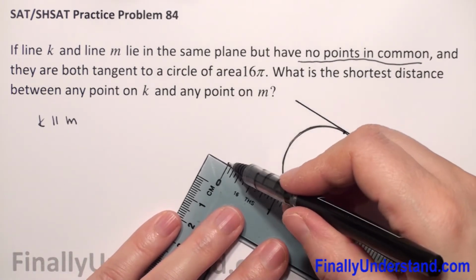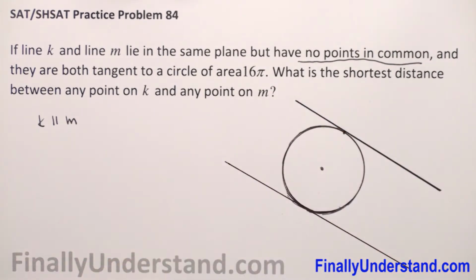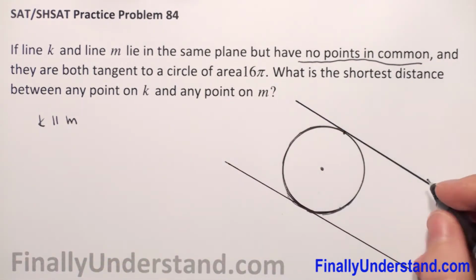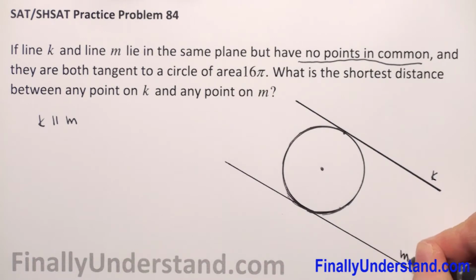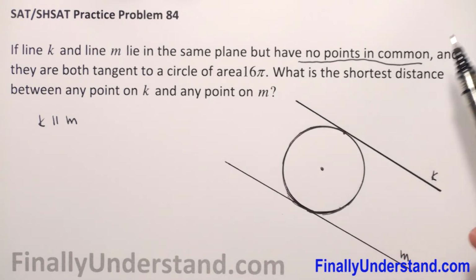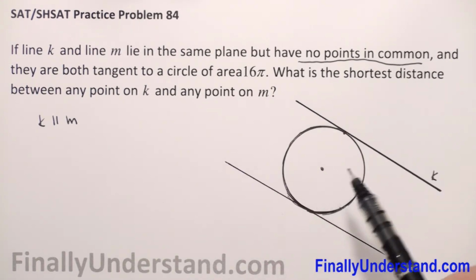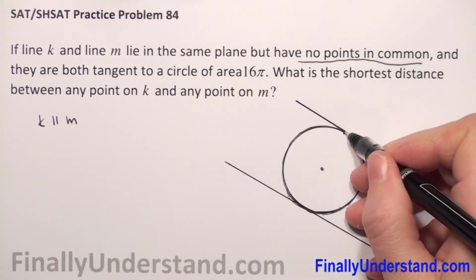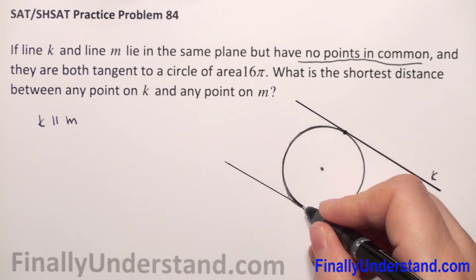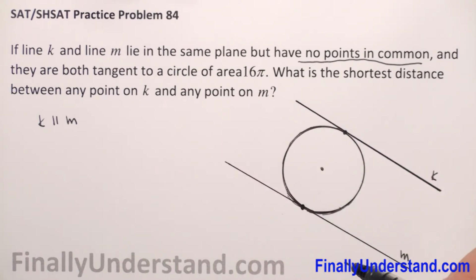So let it be approximately something like this. Lines K and M are parallel. Why? Because they have no points in common. What else? Both are tangent to the circle, so they have exactly one point in which they touch the circle.